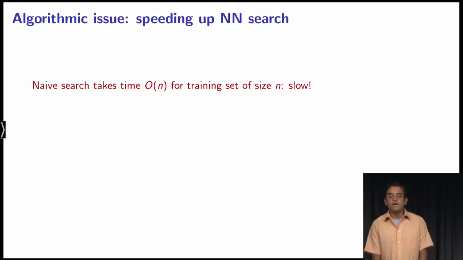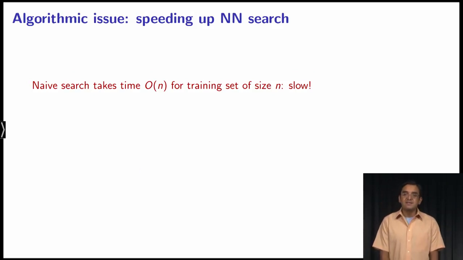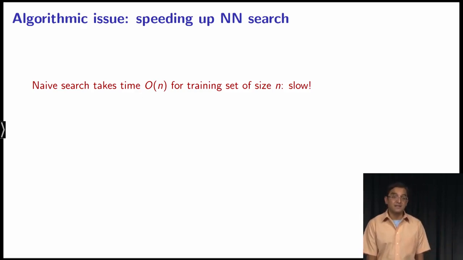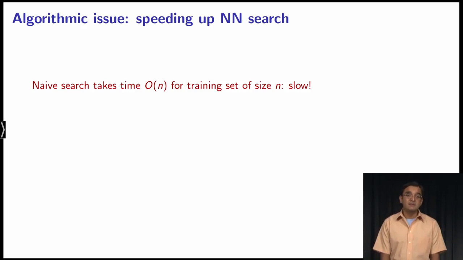Now, so far we've been talking about improving the statistical performance of nearest neighbor, improving the classification accuracy of nearest neighbor. But another thing that's very important is the algorithmic side of things. Nearest neighbor search can actually be rather slow if the training set is large.